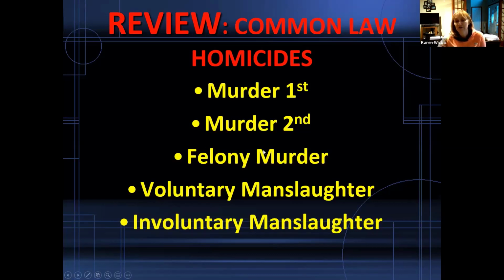Felony murder, you're in the middle of committing a felony and somebody dies, you can be charged with felony murder. Even if you didn't intend the person to die, you still intended to commit the felony. Voluntary manslaughter is still an intentional killing. You do want the person to die, but only because you were in the heat of passion and you were provoked. And then involuntary is going to be your negligent or reckless form of manslaughter.